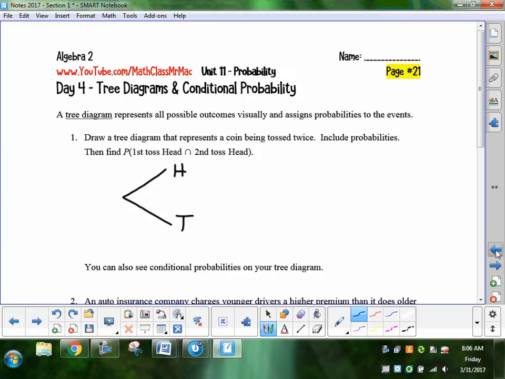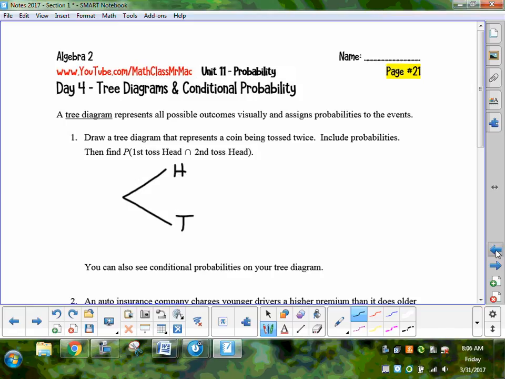If I get heads the first time, I still flip the coin. What are the outcomes? How many branches off of the heads are there going to be? 2. What are they? Same thing is going to happen down here.